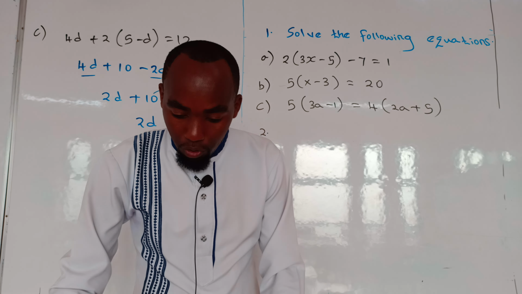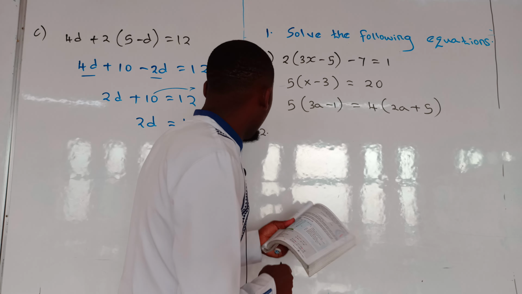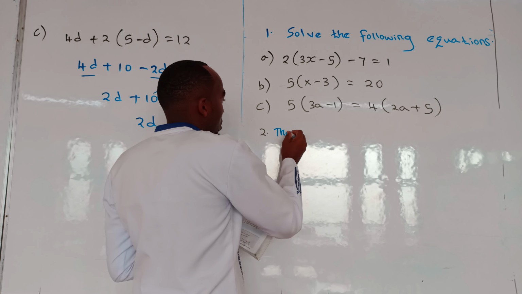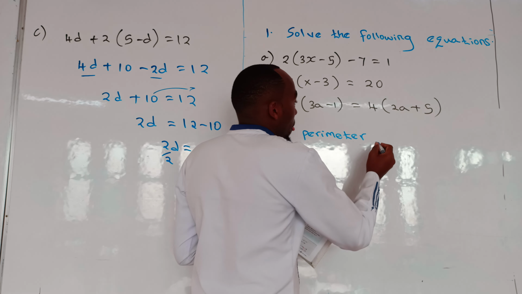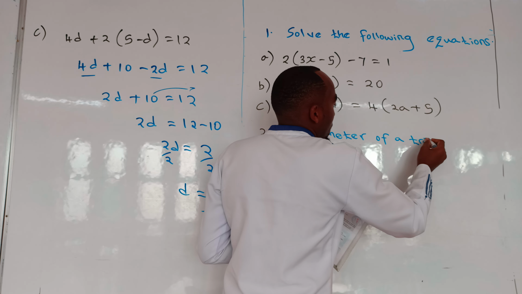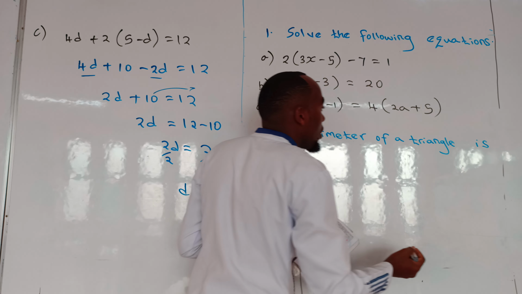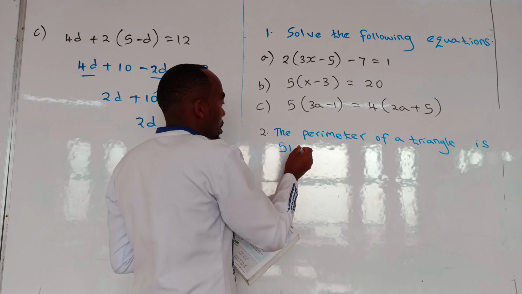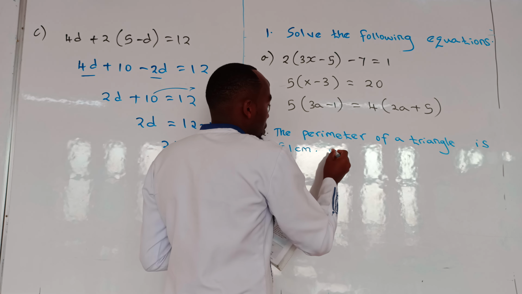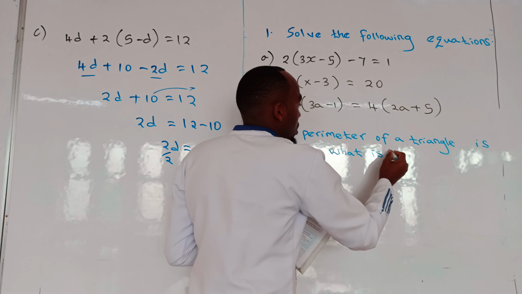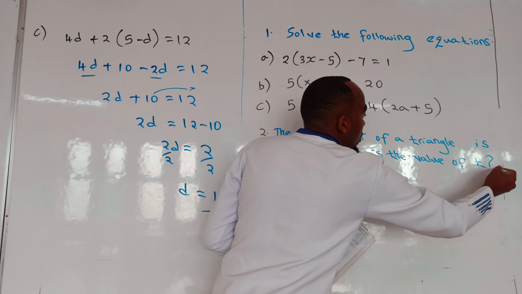Right? Question number 2, we are told the perimeter of a triangle is 51 centimeters. The question is, what is the value of t?